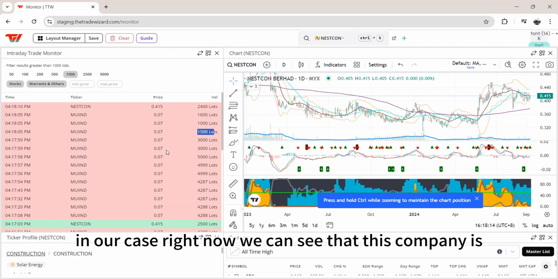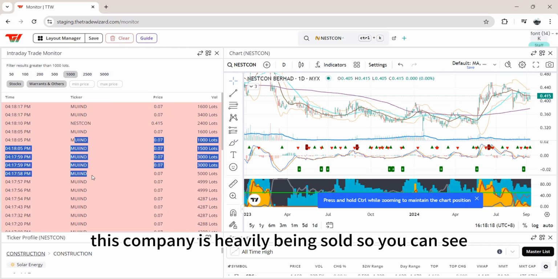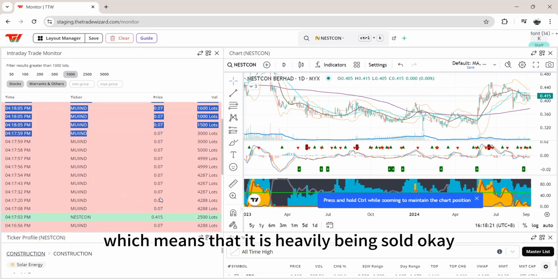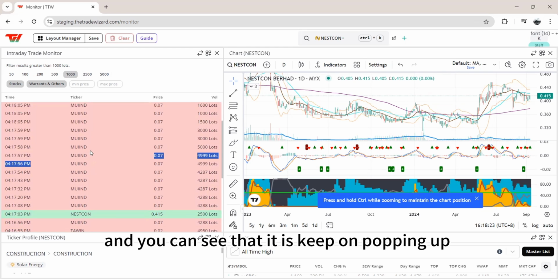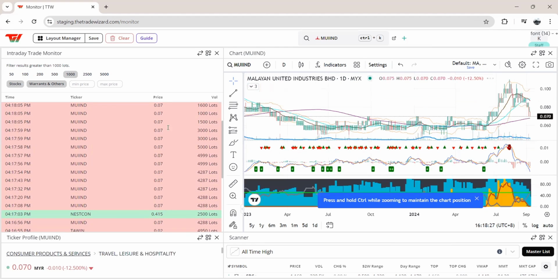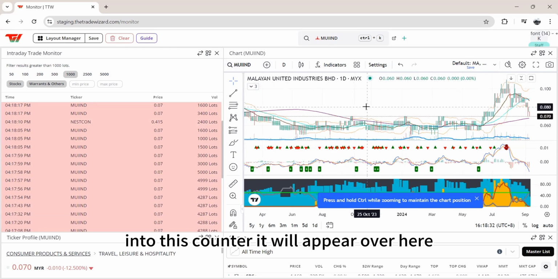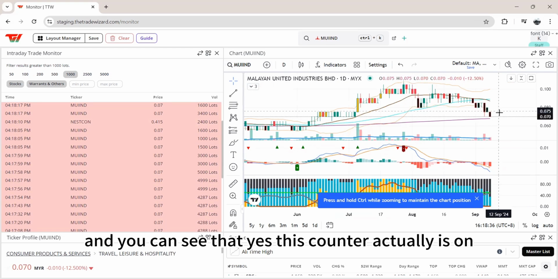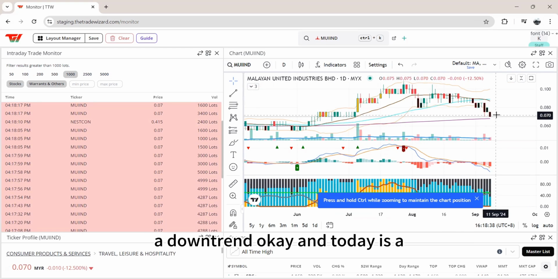Of course, in our case right now, we can see that this company is heavily being sold. So you can see the red color, which means that it is heavily being sold. Okay, and you can see that it keeps on popping up. So let's click into this counter. Okay, so once you click into this counter, it will appear over here. And you can see that, yes, this counter actually is on a downtrend.